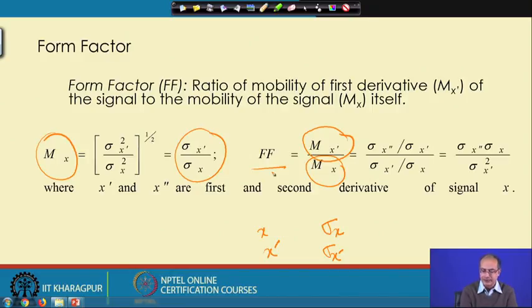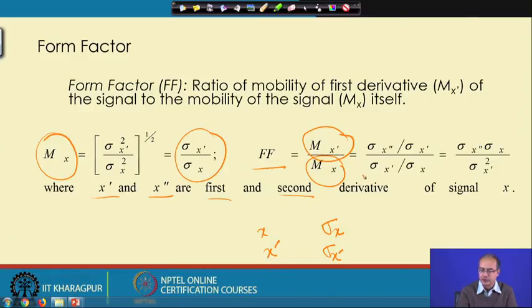And now we can simplify. What is mx? It is nothing but sigma x dashed by sigma x. Same way, the mobility of x dashed is sigma x double dashed by sigma x dashed, where double dashed is the second derivative and x dashed is the first derivative of the signal x.